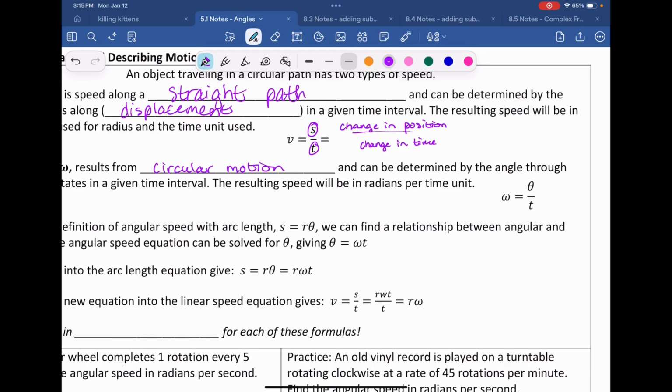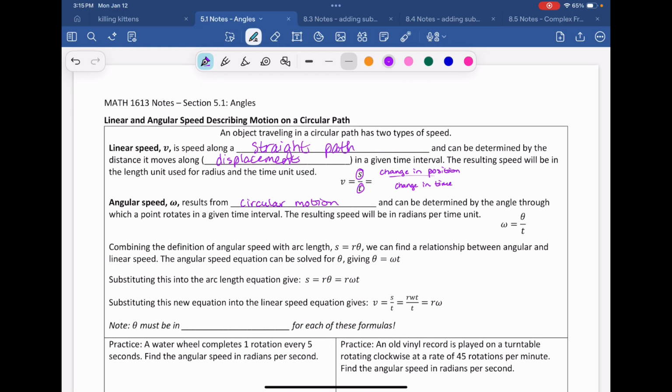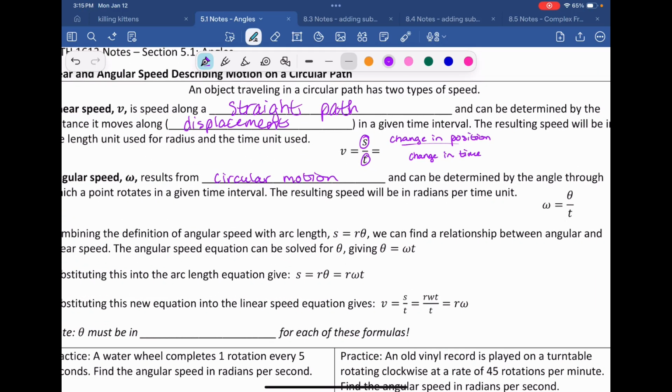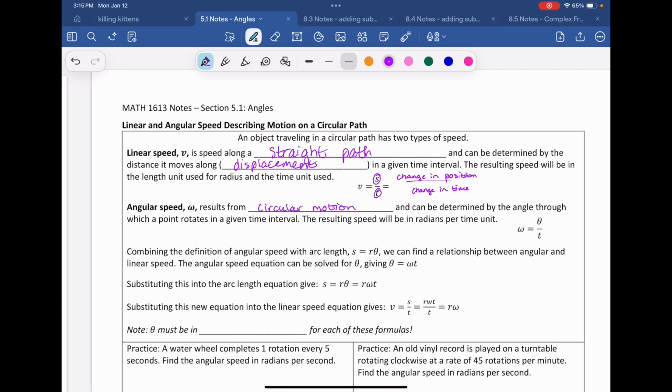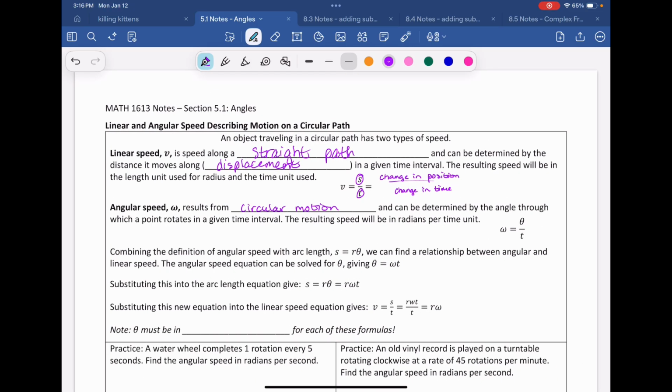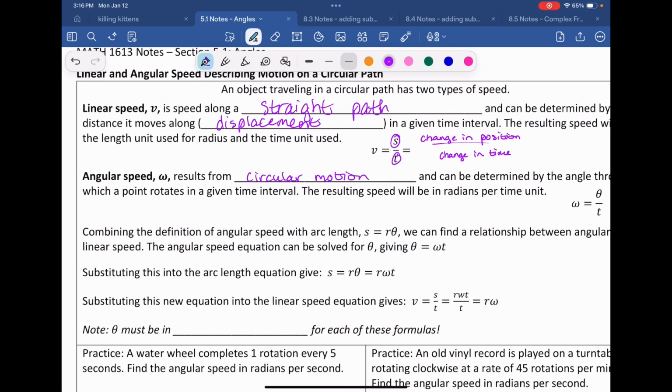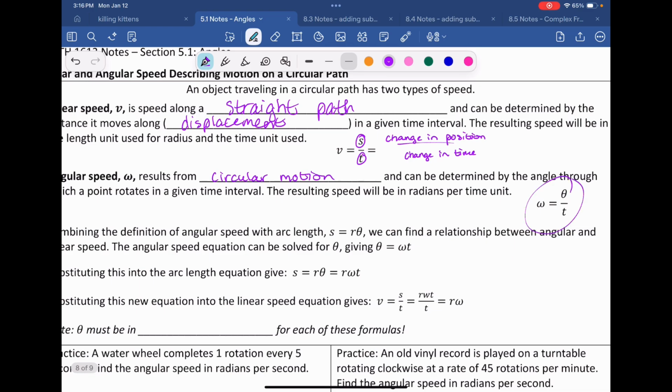All right, so how we relate the two together. The definition of angular speed with arc length. Arc length is s equals radius times theta. So we can plug in: if we take our angular speed and solve for theta, theta equals omega times t. We can sub that in for theta and get arc length equals radius times omega times time.